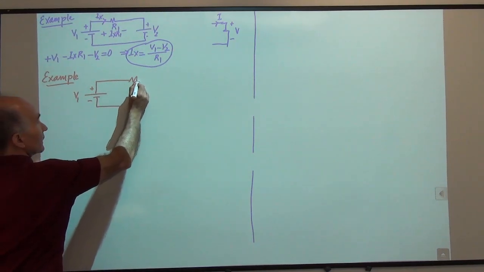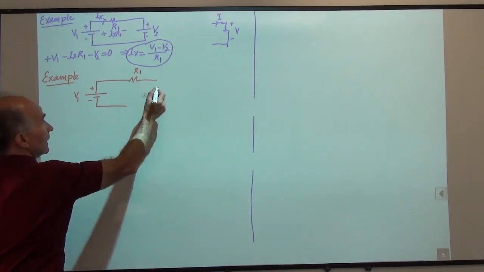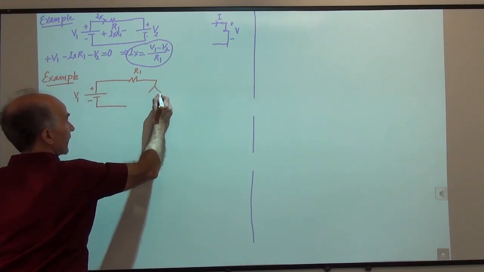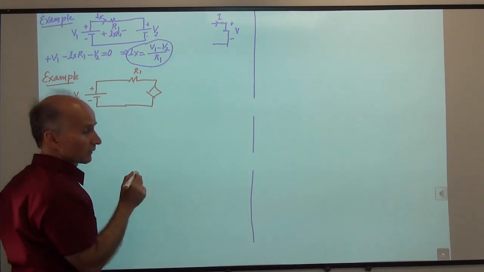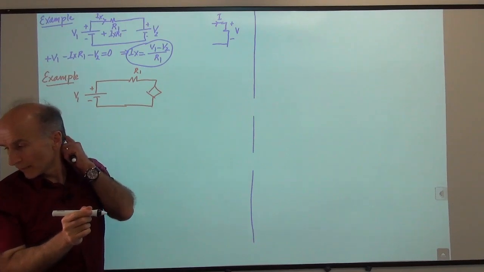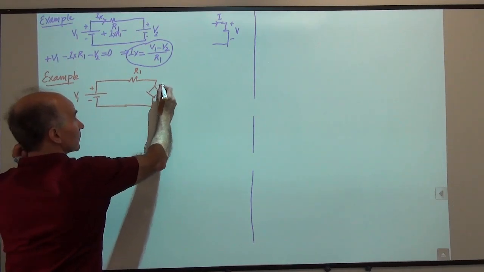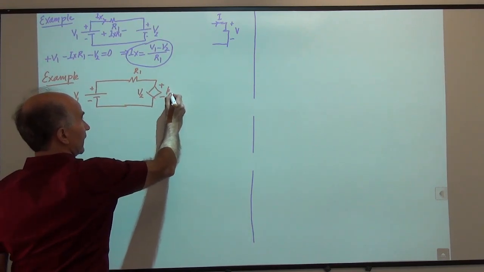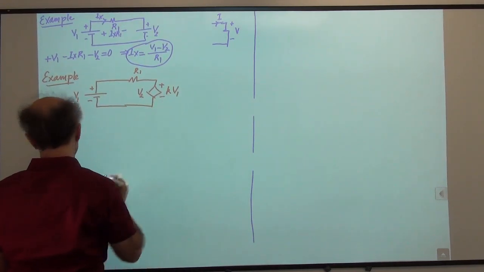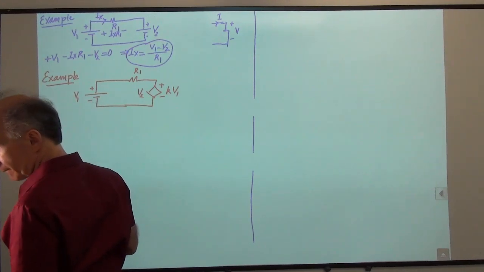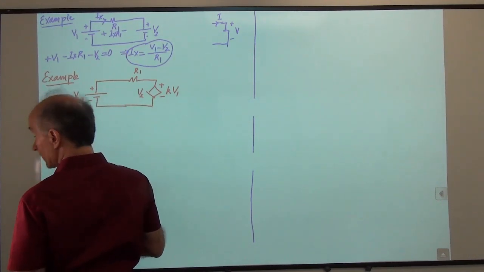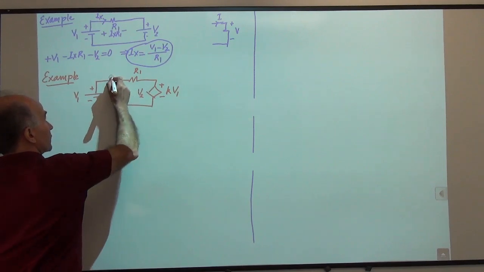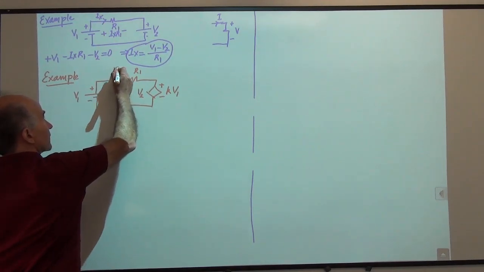I have a resistor here, R1. And then I happen to have a dependent voltage source called V2, and its value is K times V1. Okay? All right. And my objective is to find this current Ix.